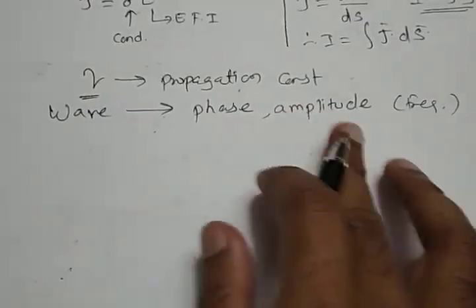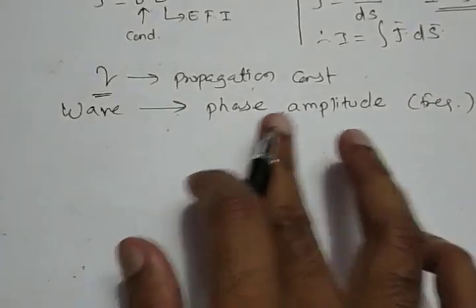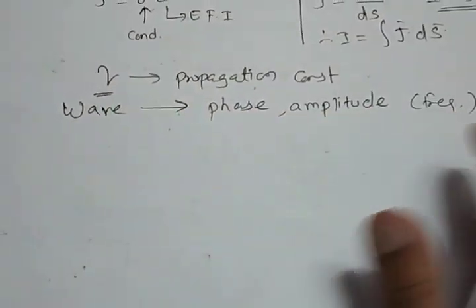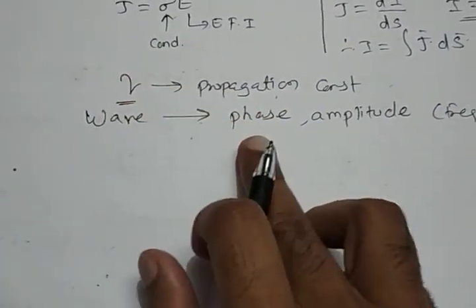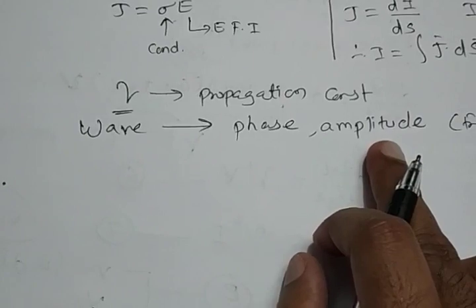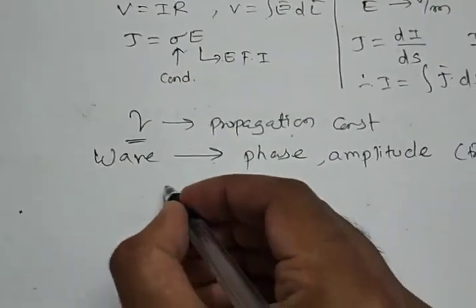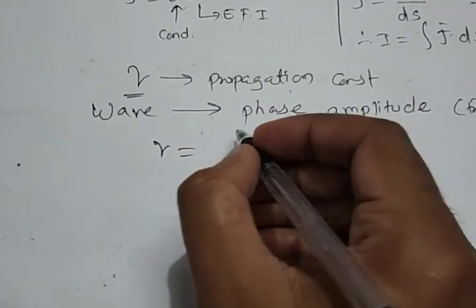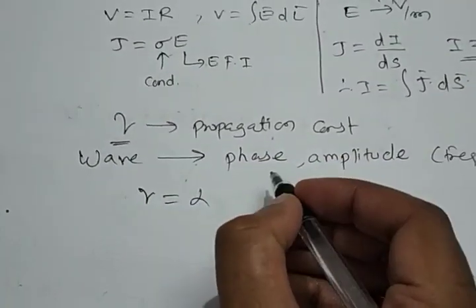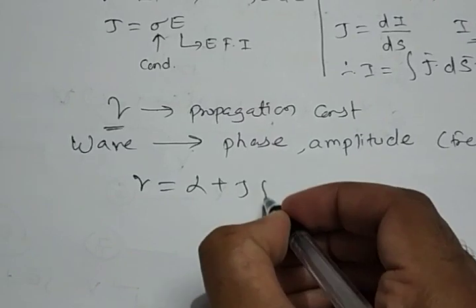So phase and amplitude are the two parameters of a wave, and this complete wave travels along with its energy. That means this wave propagates along with the phase and amplitude. So this particular gamma, the propagation constant of the wave, is a complex term. It is given by alpha plus j beta.